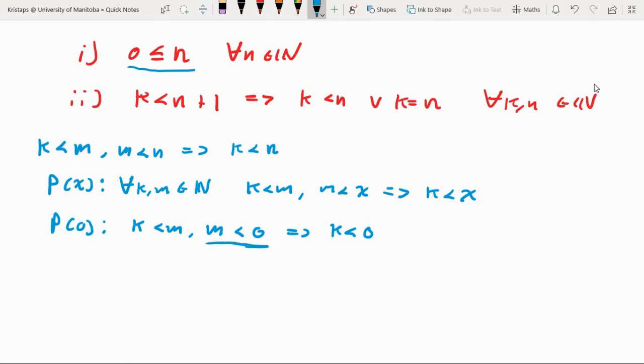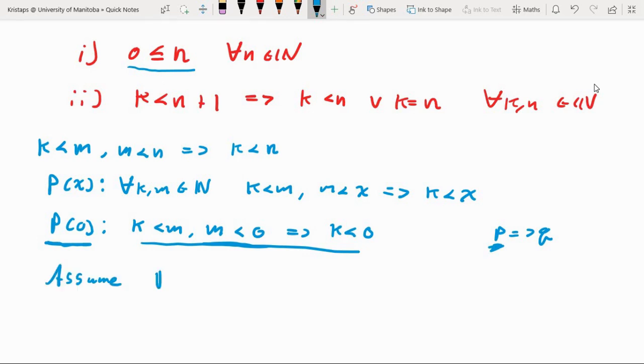So this is false. And whenever we have an implication of statements, say P implies Q, if the antecedent, the hypothesis, is false, then the whole statement is vacuously true. So we have false implying false. So overall, the statement P(0) is true.